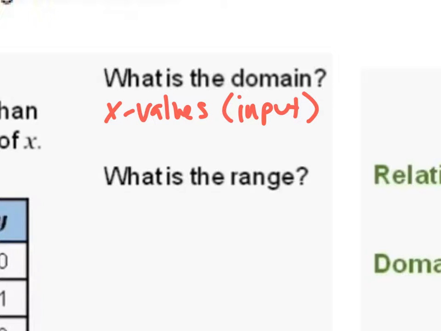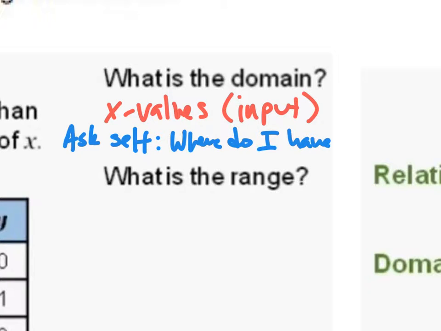I ask myself, where do I have x values? If the domain means x values, which are your inputs, I ask myself, where do I have x values? And I answer that question, and we'll go over that.